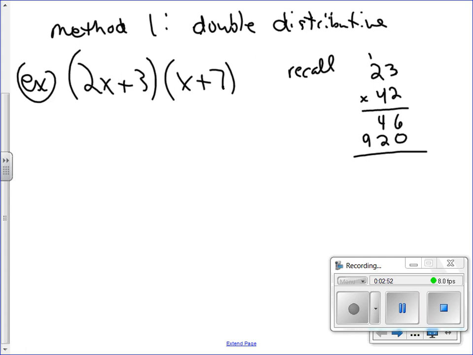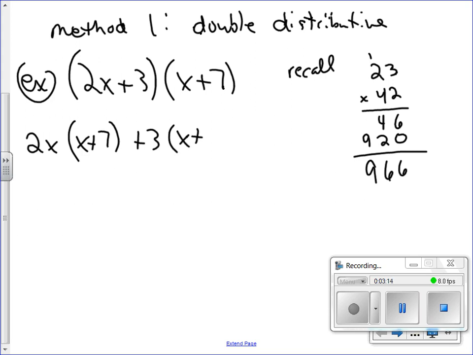Yes? Okay, so this is sort of, I already know how to do this, and we're going to take that same idea and do it with binomials. And it looks like this. I'm going to take the 2x, and I'm going to multiply it times the x plus 7. There's distributive property. And then I'm going to take the 3, and I'm going to multiply it times the x plus 7.